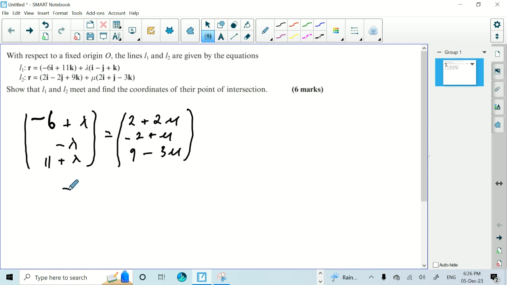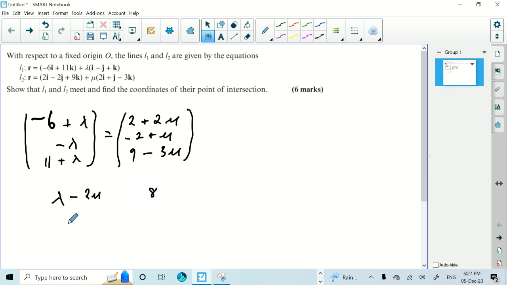I've got lambda here. If I keep it on the left-hand side, I've got lambda, take the plus 2 mu from right-hand side to left-hand side, it becomes minus 2 mu, and is equal to 8.